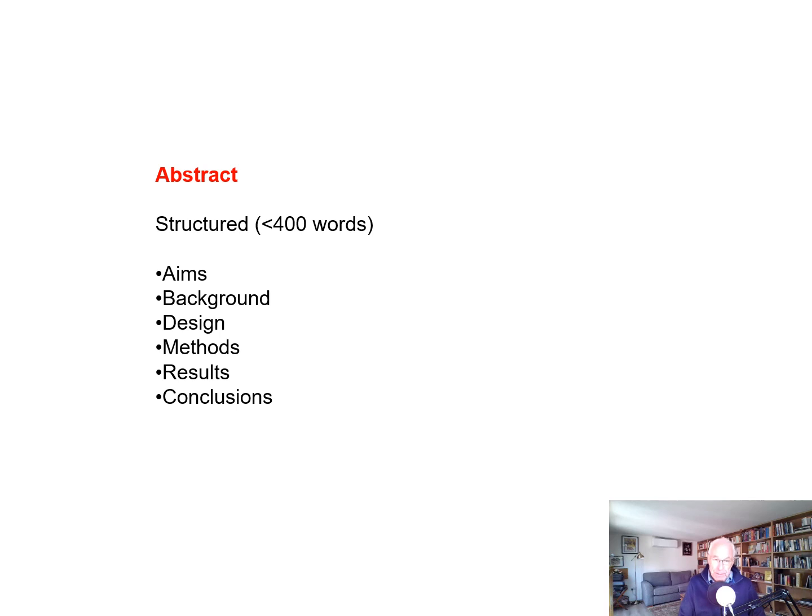Now, two things about abstracts. One, I would always advise you to write the abstract last, once you've written the paper, because that way you will know exactly what you want to say in the abstract. You may well have a working abstract at the beginning of the process, but always go back and revise it. Go over your abstract several times, get other people to read it, make sure that it's clear and it can be understood.